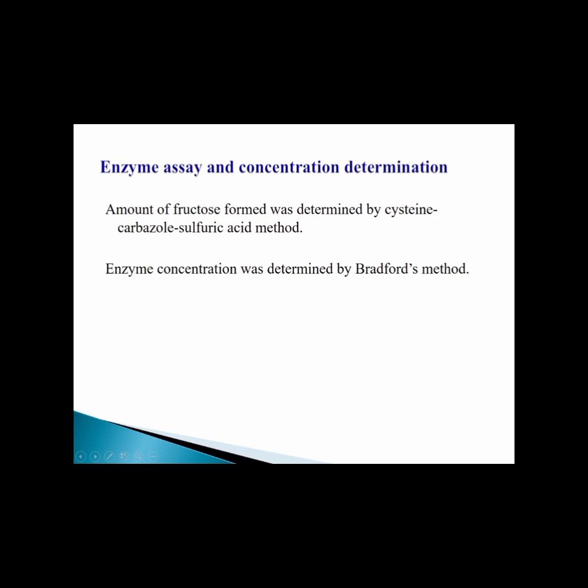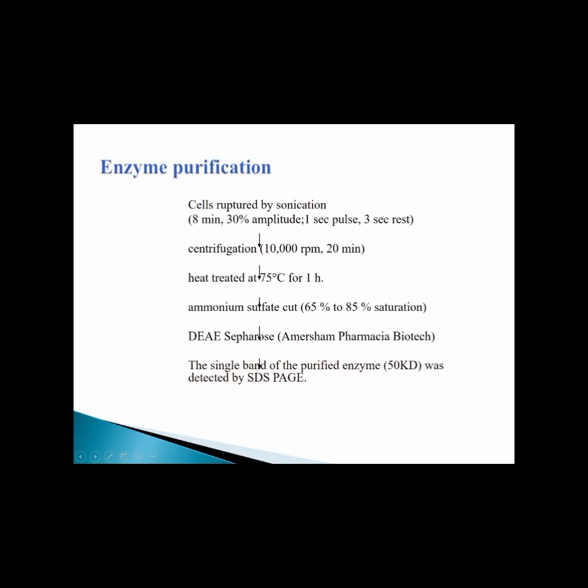Very common techniques to assay protein concentration in any protein samples. Amount of fructose formed was determined by the cysteine carbazole sulfuric acid method. So fructose was looked for in the enzyme assay.